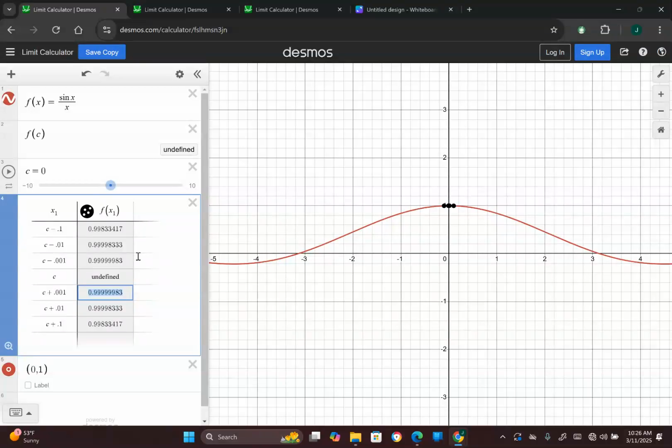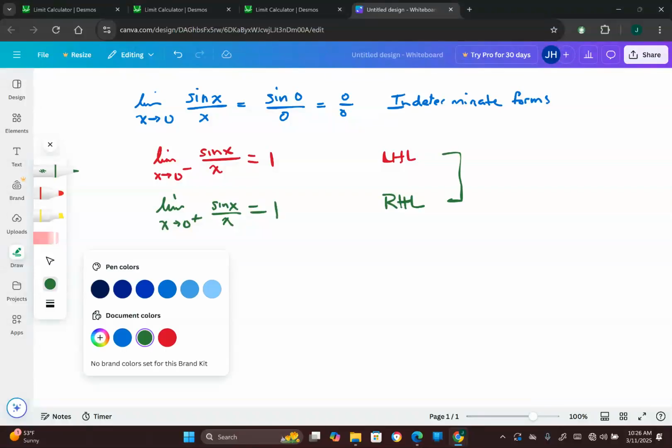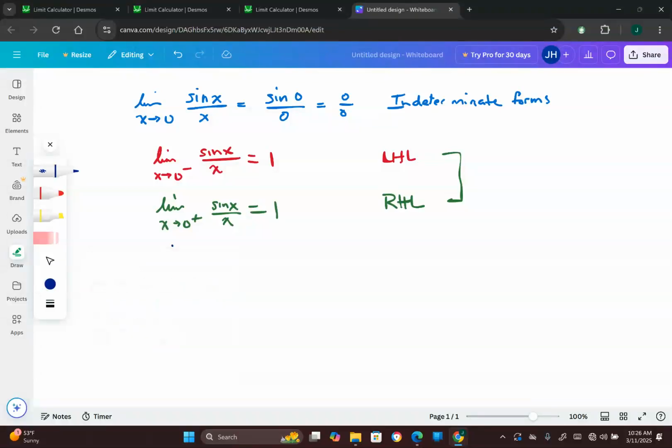In fact, all the numbers on the left are the same as all the numbers on the right. Looking at my table, both sides approach 1, and if these two are equal, we can find the limit as x approaches 0, the two-sided limit. It seems to me like this is going to be 1.